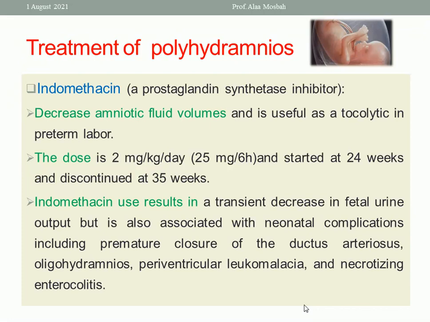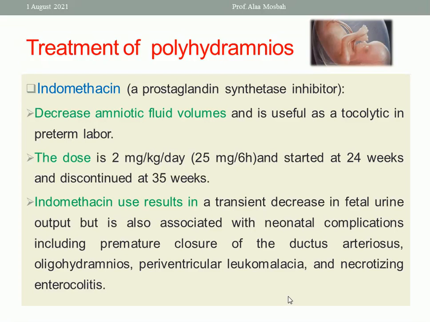So can be used for both to decrease the amount of amniotic fluid and also as a tocolysis. The dose is 2 mg per kilogram per day and started at 24 weeks and discontinued at 35 weeks. And you should know that indomethacin decreases fetal urine. That's why it is used for management of polyhydramnios, because it decreases fetal urine output.